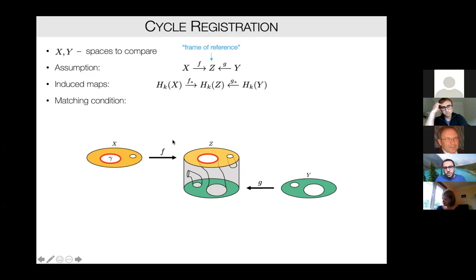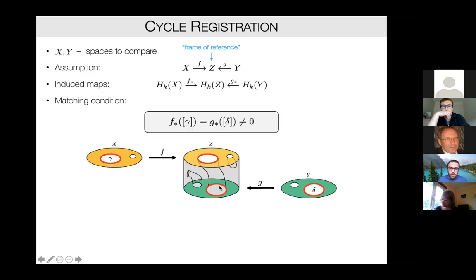Now if you want to say whether two cycles in X and Y match, for example, we have gamma on the left, the red thing, it's mapped to this cycle here, and delta on the right is mapped to the other one, and we see that in Z, they are homologous cycles. So this will be our condition. If we have two cycles in X and Y and they are mapped to homologous cycles in Z, then we're going to say that those cycles are matched, they are equivalent.